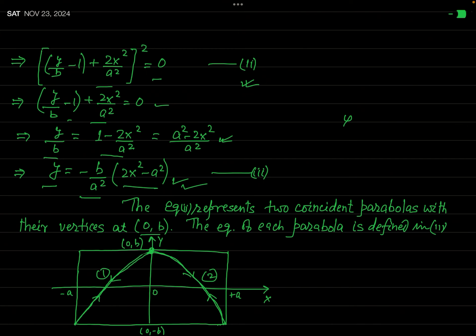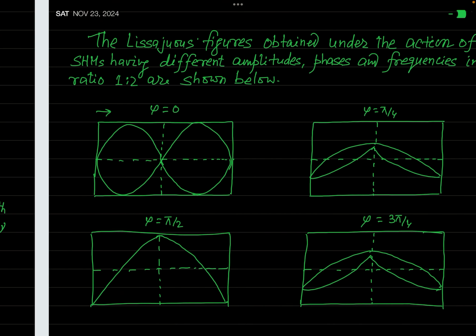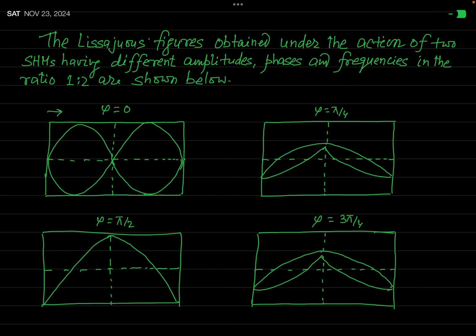Actually, I have not done those things here, and also there is no need for deriving the result for all the possible values of phi. But for your examination purpose, I have sketched here some figures for different values of phi. So you can remember these things.